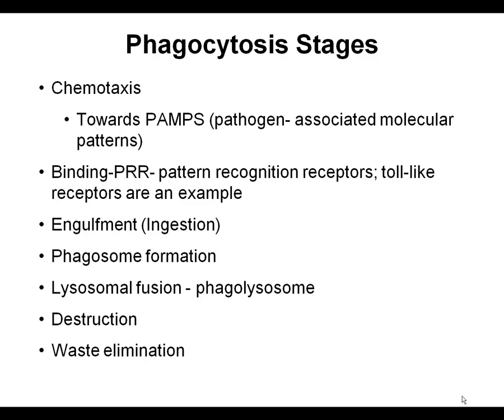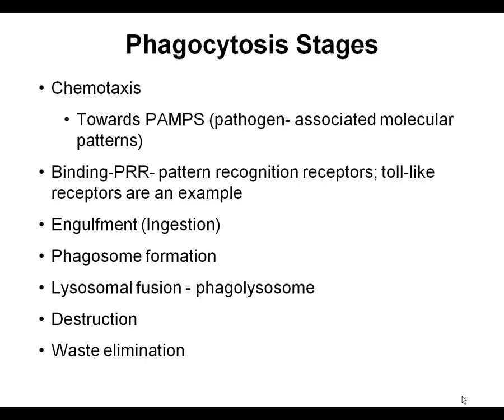That phagosome is essentially a compartment that holds the microbe. Once the phagosome gets into the intracellular space, it binds with a lysosome, which has degradative enzymes in it. They bind to the membrane of the phagosome and produce something called a phagolysosome.